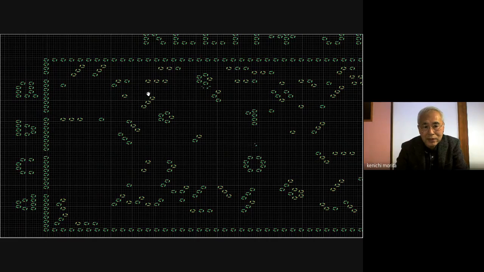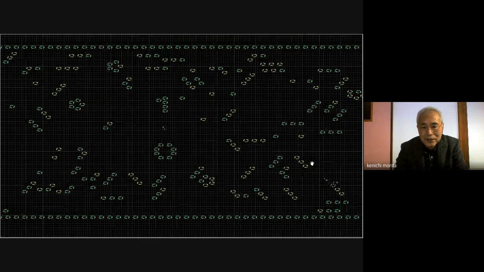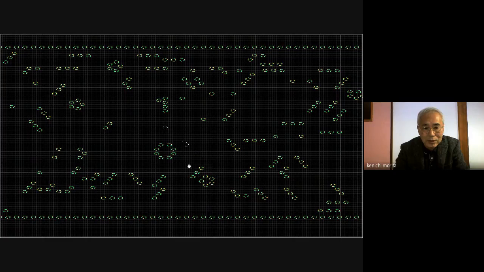There are many term modules. They are needed to adjust the timing and direction. Oh, okay. This fin is pulled. Then it is pushed. In this way, the state is changed from 0 to 1.